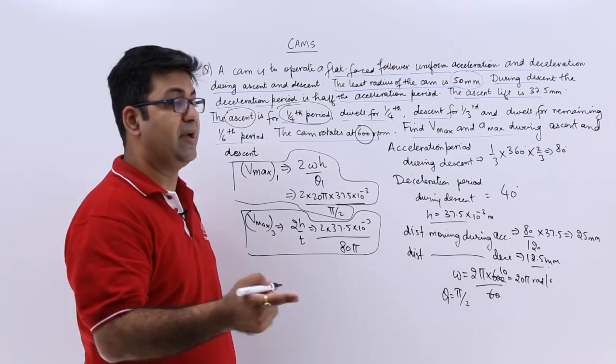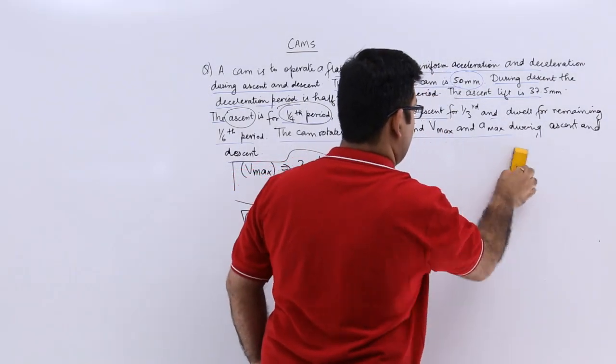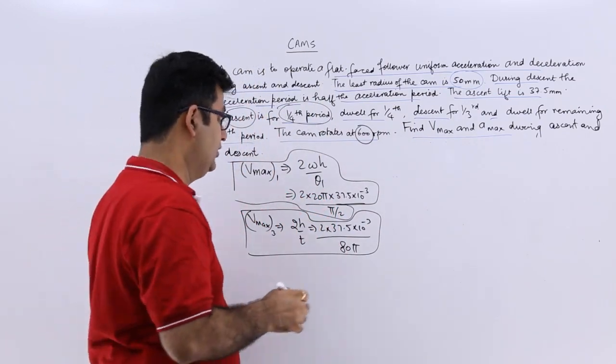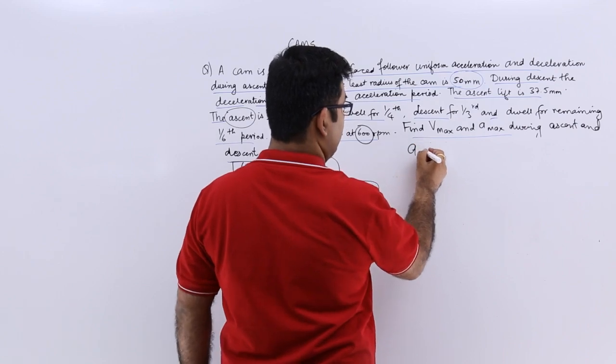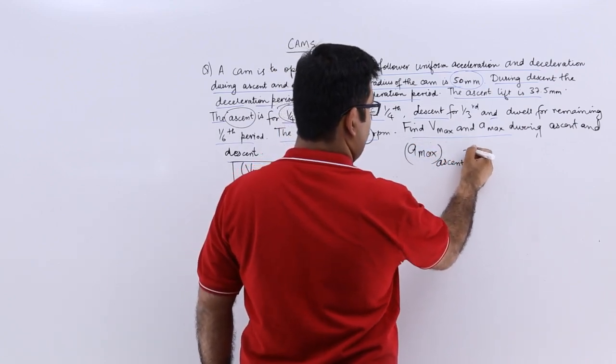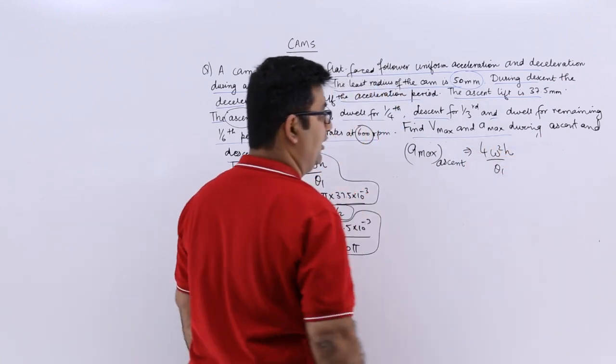Now after Vmax, we need to calculate the Amax, the maximum accelerations. Amax during ascent is 4 omega square h upon theta 1.